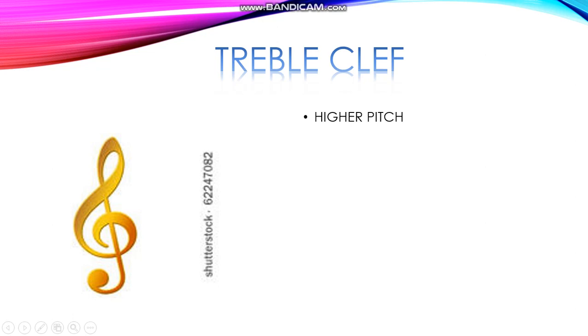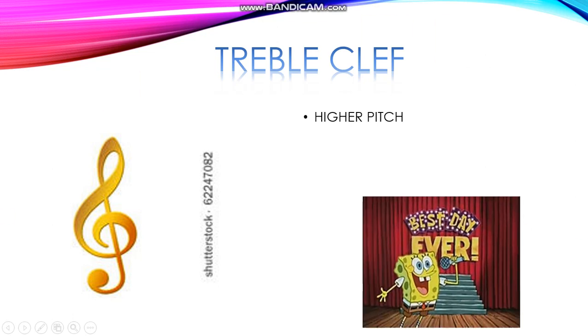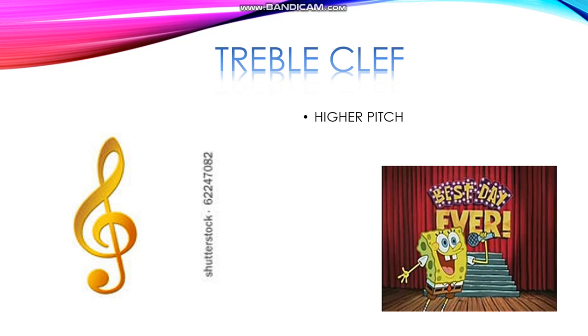So we associate the treble clef with certain instruments like the trumpet, clarinet, saxophone, flute, French horn. Those are the instruments that play with this clef. Even SpongeBob knows, with his high-pitched voice.